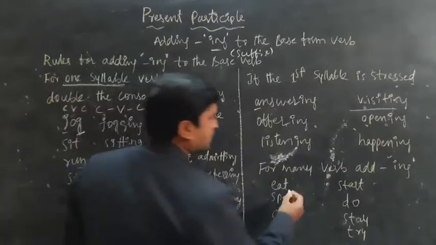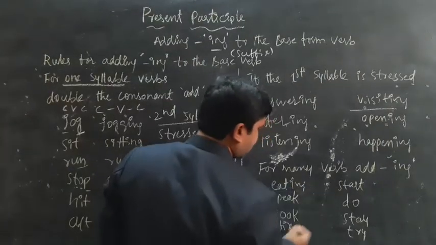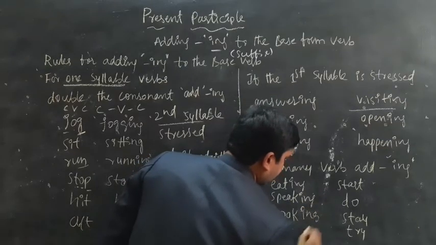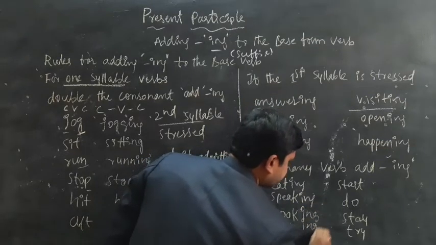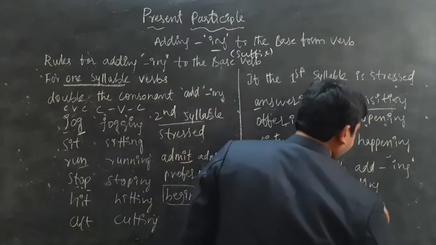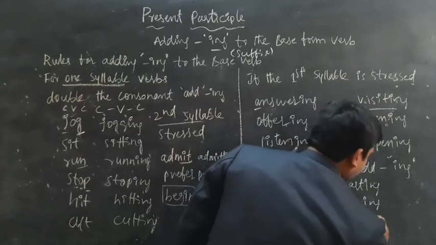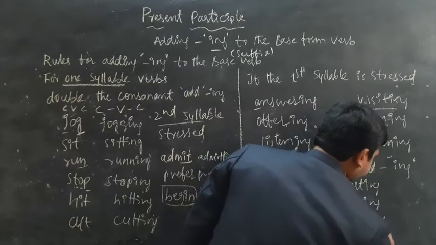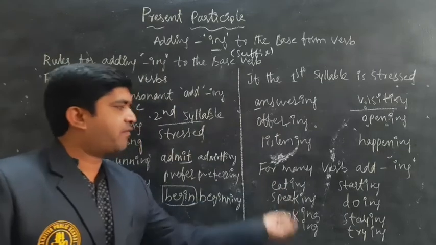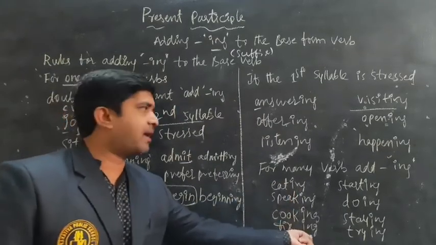And for the other verbs you simply have to add ing. Speaking, cooking, fixing, starting, doing, staying, trying. In this way, we are just adding ing.